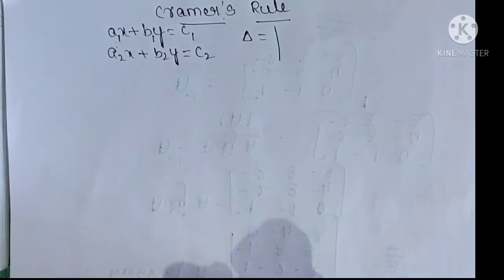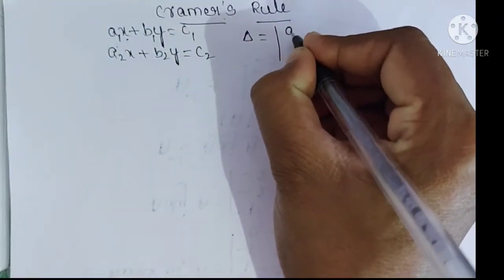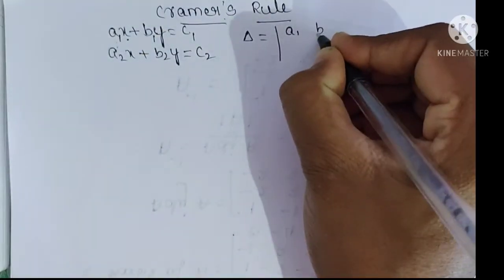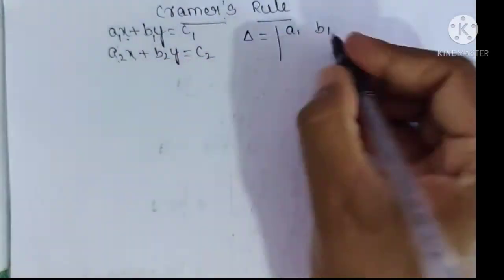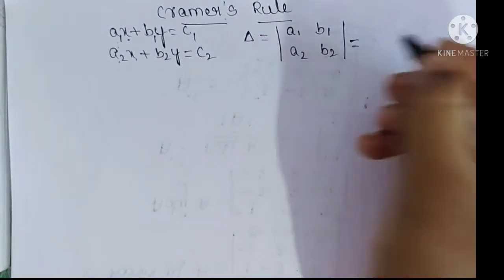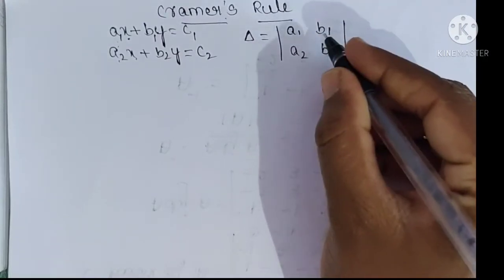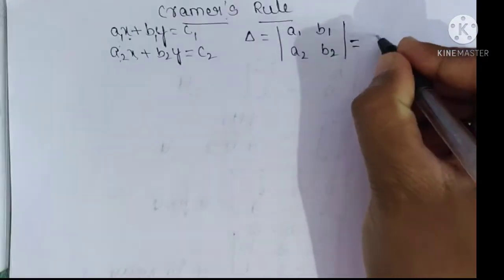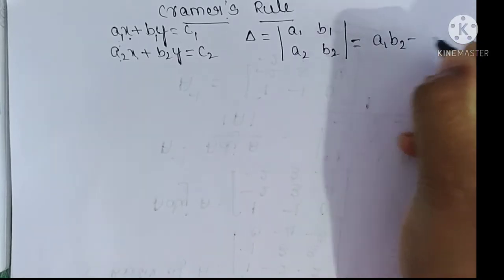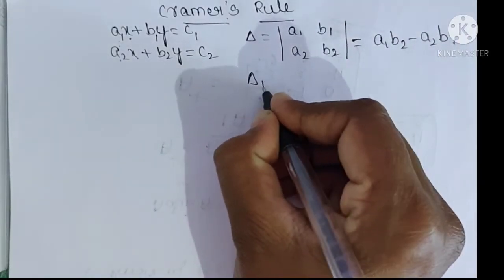This delta is the determinant of the coefficients of the x and y variables. The coefficient of x is a1, the coefficient of y is b1; in the second row the coefficient of x is a2, the coefficient of y is b2. The simplification of this determinant is the product of the diagonal elements minus the product of the other diagonal elements, that is a1 b2 minus a2 b1.